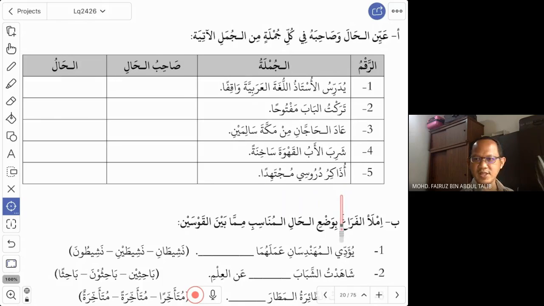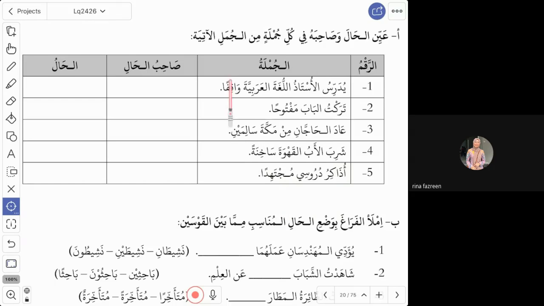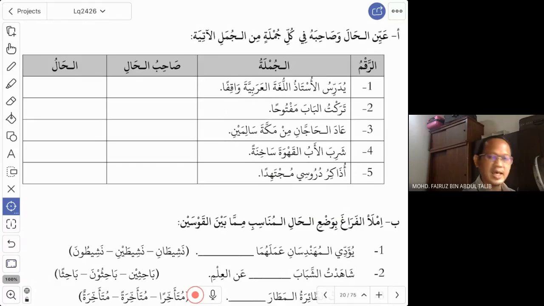For example, this is Farahani. Farahani says, Udhakiru durusi mujtahid. So what do you need to do to the word mujtahid? Now this is for muannas. Anyone? Mujtahidatan, yes, correct.